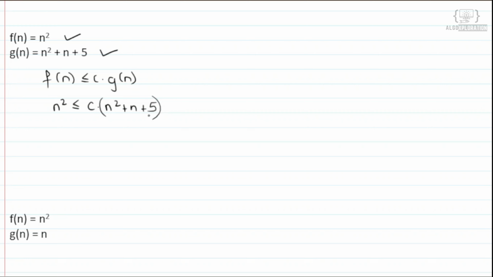Now if we observe this equation, it already satisfies, because here it is a single n square term, but here n square is associated with n plus 5. So the right hand side is bigger than left hand side. So when c equals to 1, this condition is satisfied. Therefore n naught will be equal to 1 only. So f of n is the member of set of g of n.